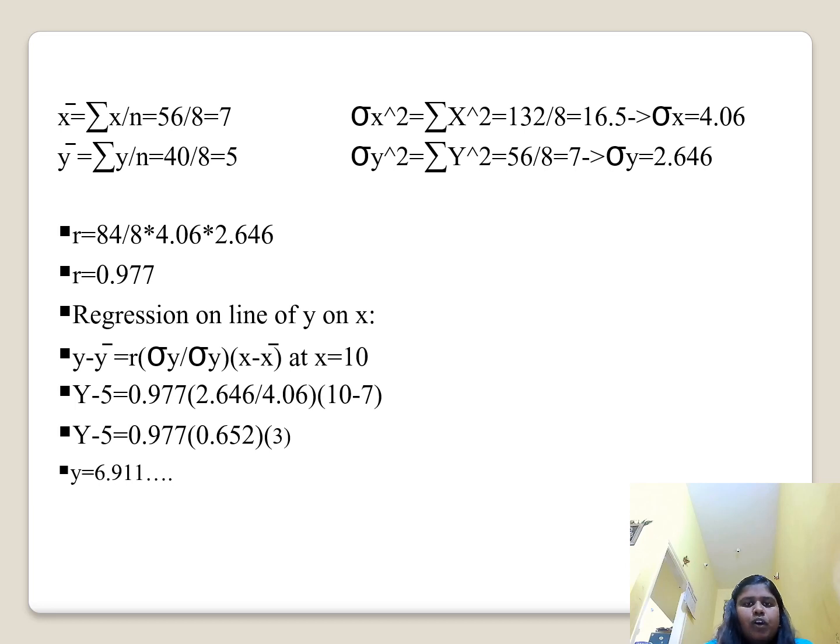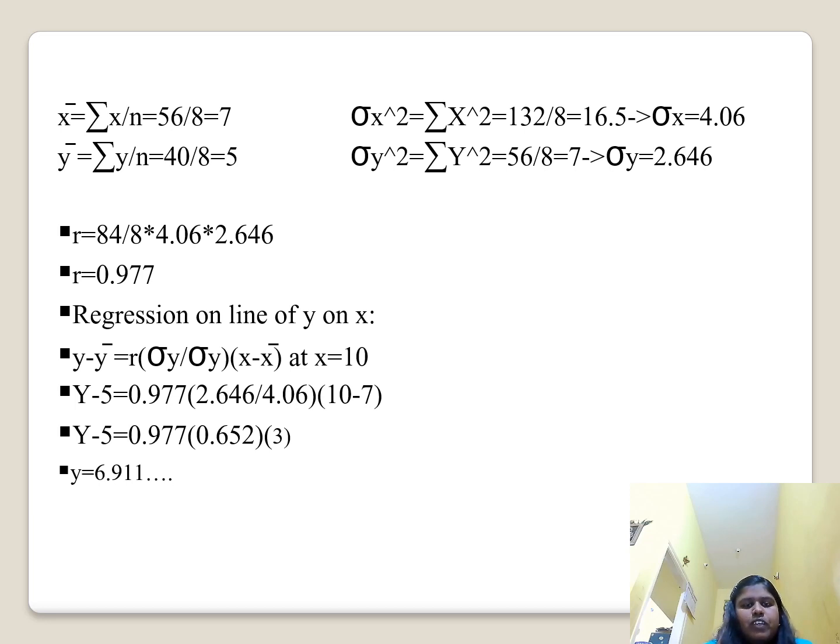Regression line of y on x is y minus y bar is equal to R into sigma y divided by sigma x into x minus x bar. In the question they have given x is equal to 10. So y minus 5 is equal to 0.977 into 2.646 divided by 4.06 into 10 minus 7.